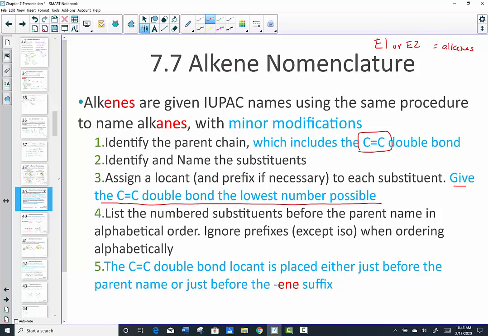And just within alkane nomenclature, we number the substituents before the parent name and alphabetize those substituent branches. And the ane for an alkane, which were all single bonds, here the endings become ene for alkenes, which will have the double bonds.